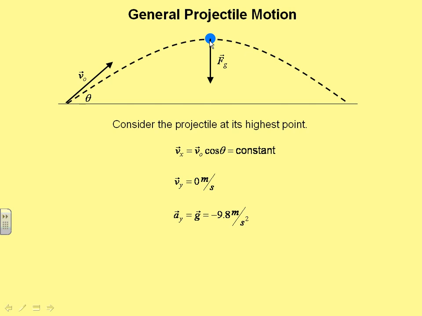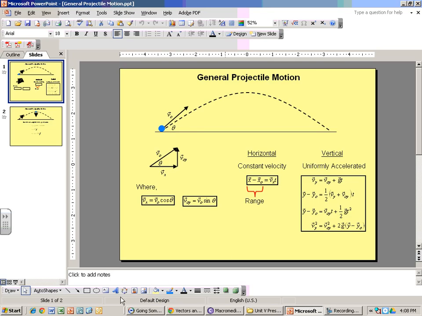Because think about what would be happening if it wasn't. If it wasn't moving and it wasn't accelerating, it would get stuck there. So the object would go up the parabola and then stay at that height and just move to the right, which is silly. That's not what happens. Again, it accelerates because gravity is acting on it, and gravity is unbalanced. Thank you, and I hope you enjoyed the presentation.